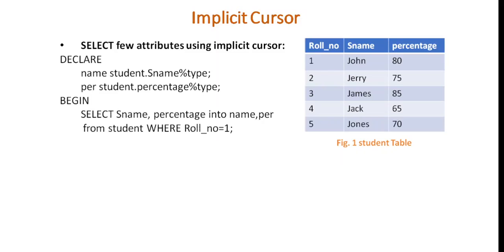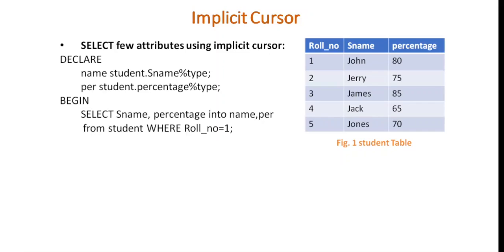In the begin section, I have written a select query. Select sname, percentage. I want to select these two attributes, sname and percentage, into name, per. Means I have two variables, name and per, and I want to access the sname and percentage attributes into name and per. See, sname and percentage are the attributes of the table.